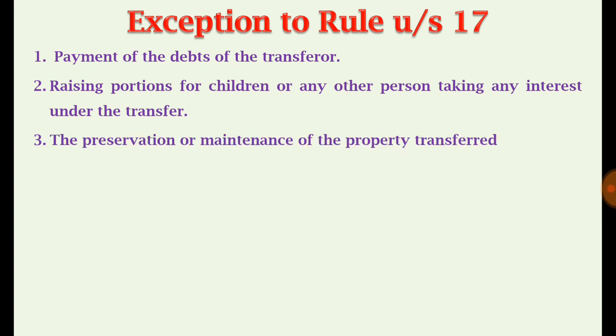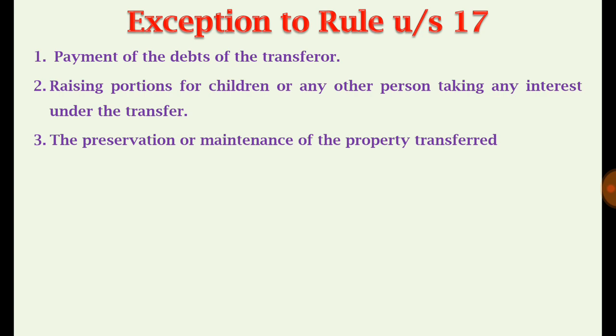And the third exception is the preservation or maintenance of the property which is transferred. For that purpose also, the accumulation of income shall be allowed beyond the maximum period provided by section 17. So these are three exceptions.